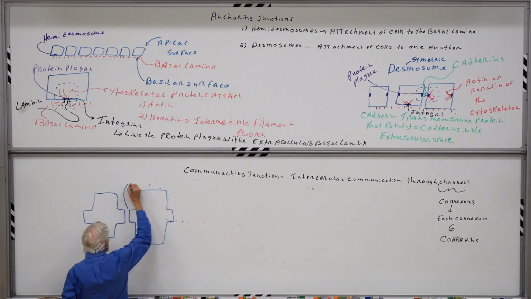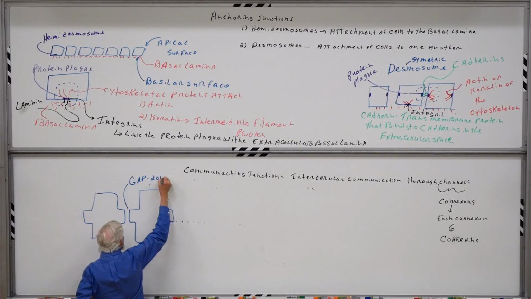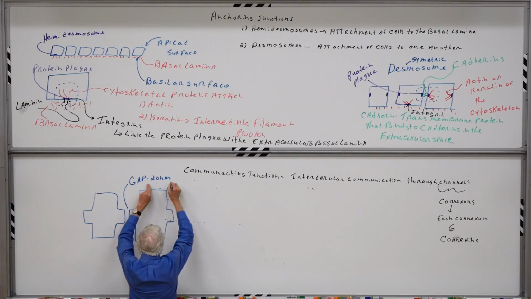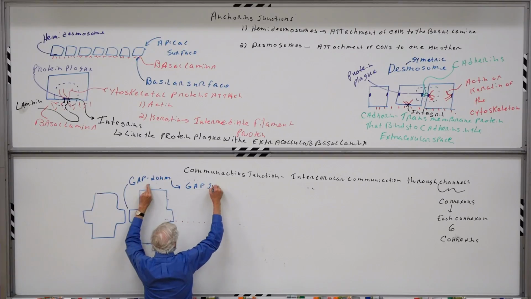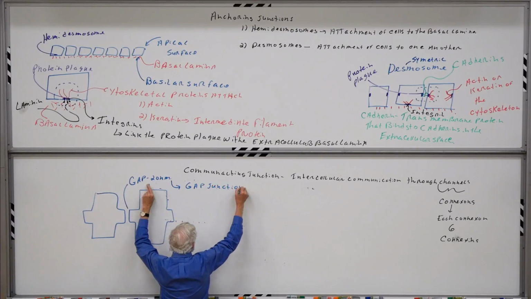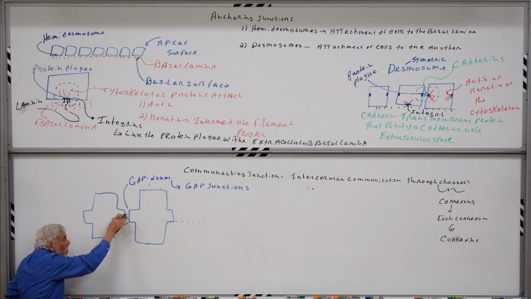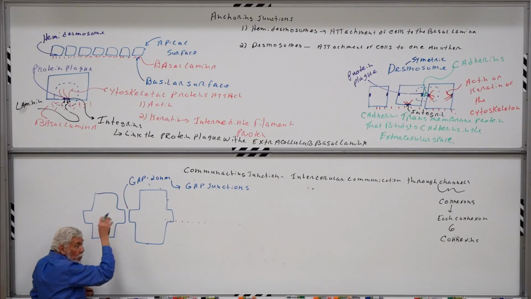They leave behind a gap. And this gap is typically about 20 nanometers. Because there was a gap between these adjacent cells at these junctions, these got the name of gap junctions. So the electron microscopist described these junctions as gap junctions because there was space between them.